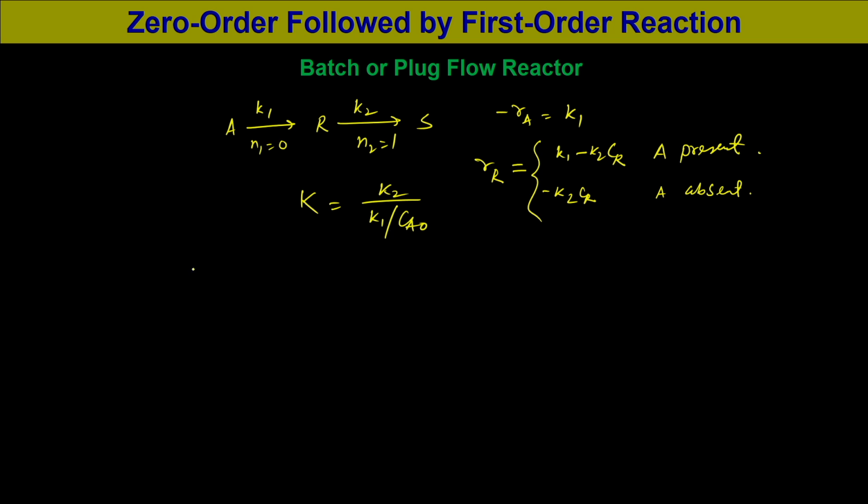With the same concept, CR0 is equal to CS0 is equal to 0, and if we start integrating the rate equation, the first one would give CA by CA0 is equal to 1 minus K1 T by CA0.